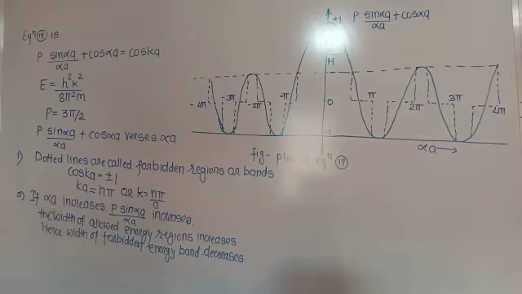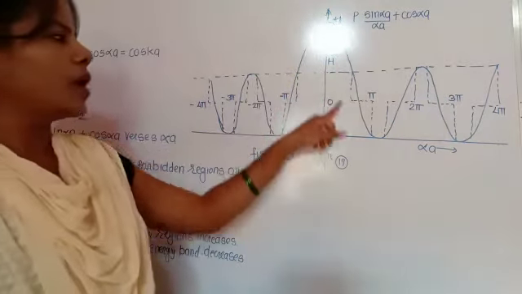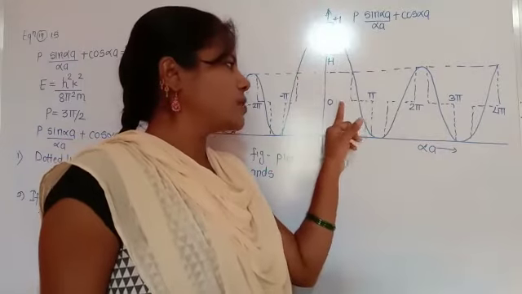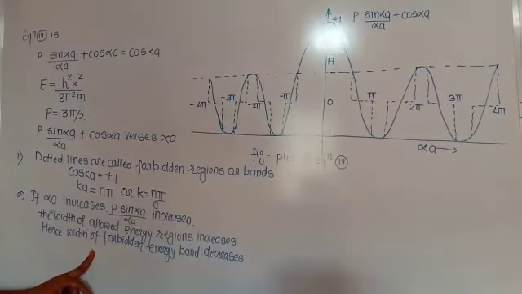As alpha a increases, the left hand side term decreases, so the width of allowed energy regions increases, and that's why the forbidden energy bands decrease. The width of forbidden energy regions becomes narrower. Decreases means narrower.